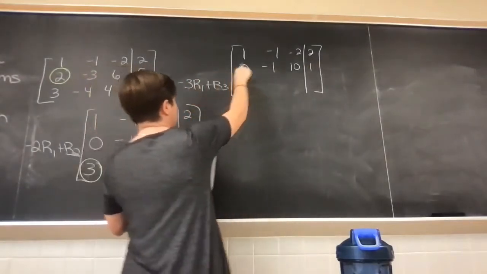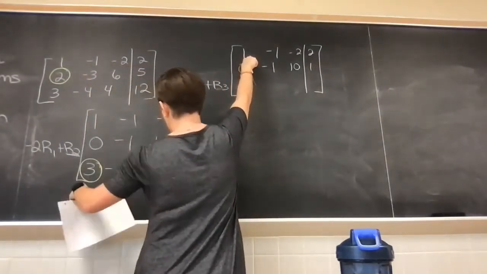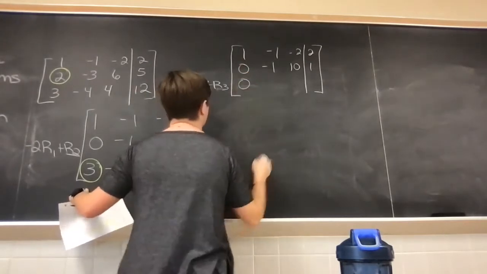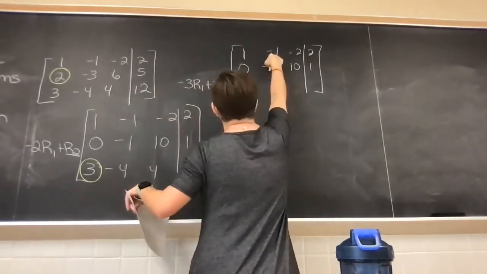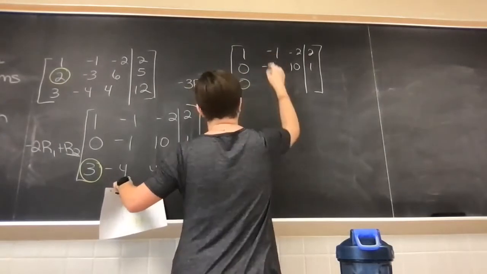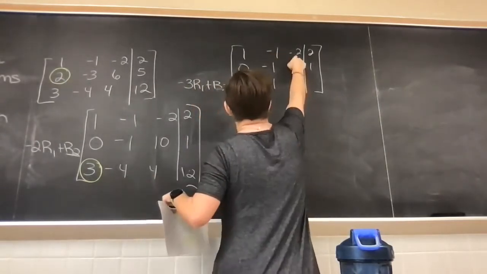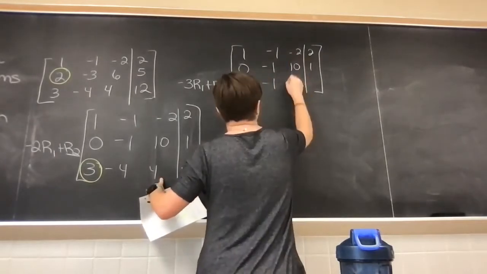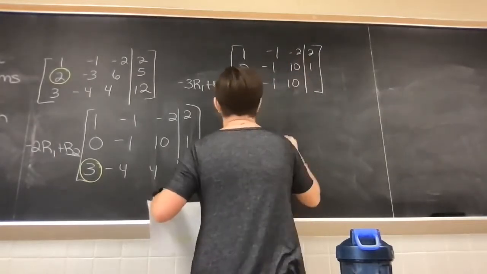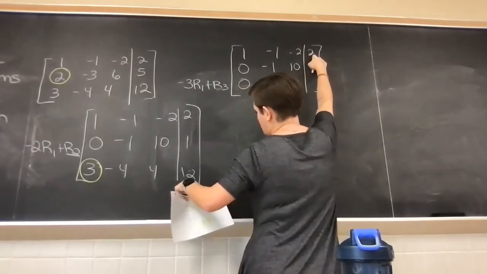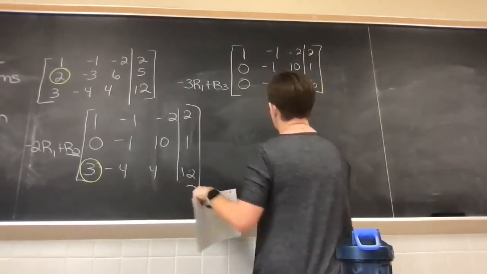So negative 3 times 1 is negative 3. Add 3, that gives me 0. Negative 3 times negative 1 will give me a positive 3. Add that to a negative 4, it gives me negative 1. Negative 3 times negative 2 gives me a positive 6. Plus 4 will give me 10. Negative 3 times 2 is a negative 6. Plus 12 will give me a positive 6.